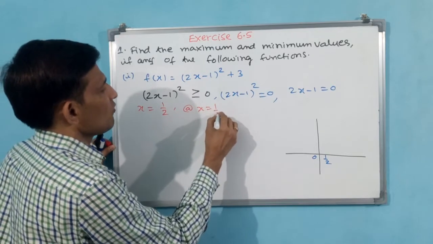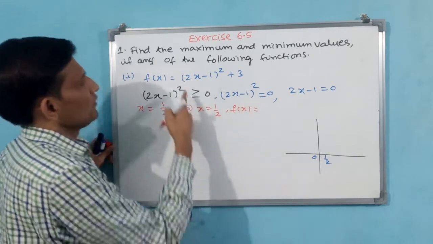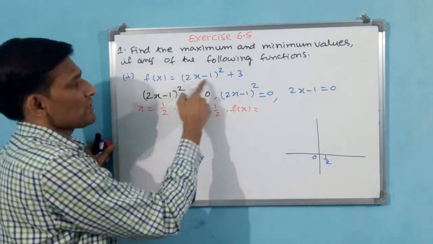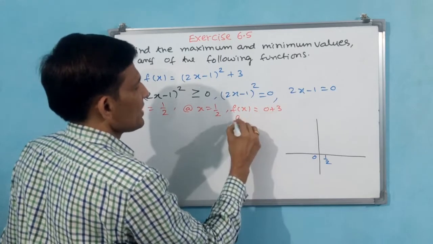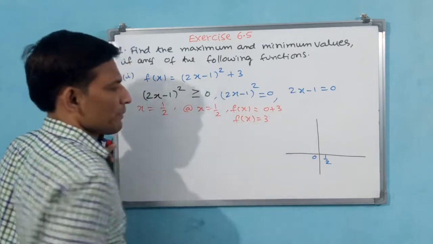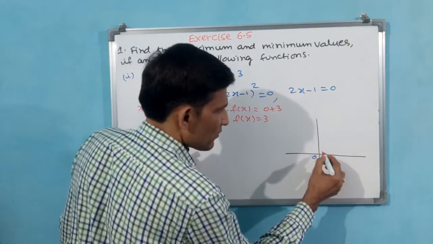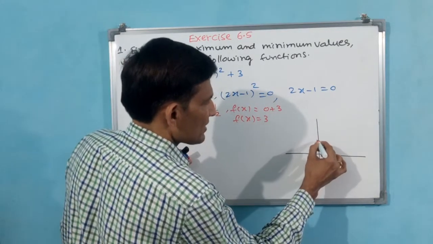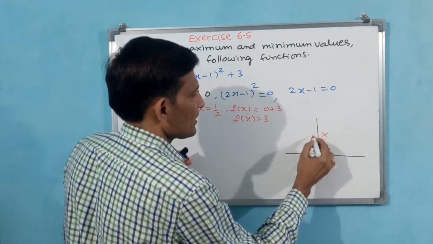At x is equal to 1 by 2, f of x is equal to 0 plus 3, that's all. That means f of x will be 3. At 1 by 2, f of x is equal to 3. Here this is 1, this is 2, this is 3. That means here this is the point.